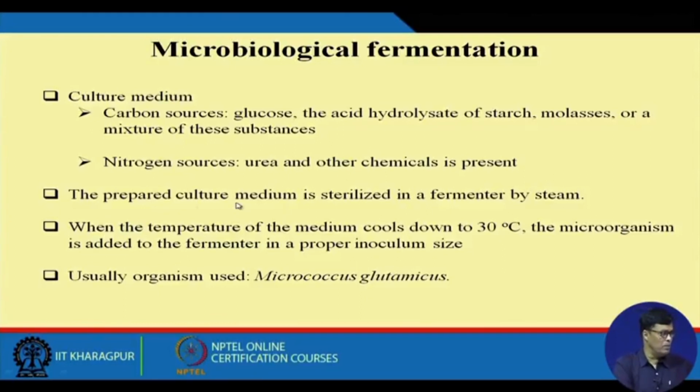The prepared media is sterilized in a fermenter by steam, and when the temperature of the media cools down to 30 degrees centigrade, the microorganism is added to the fermenter in proper inoculum size. I told you that the inoculum size of the industrial fermentation process is usually 5 to 10% volume.